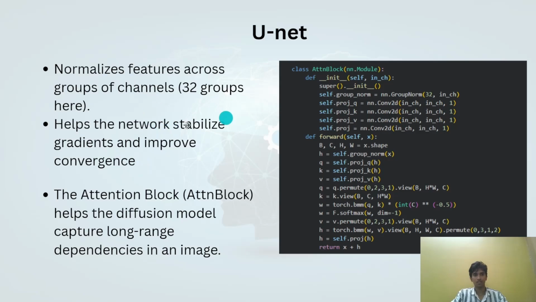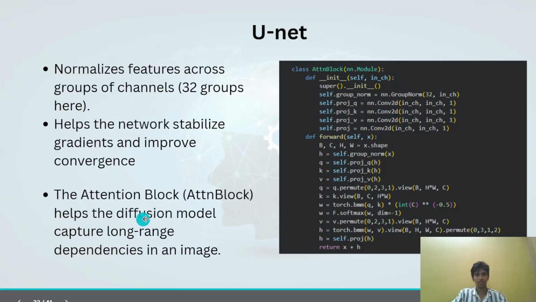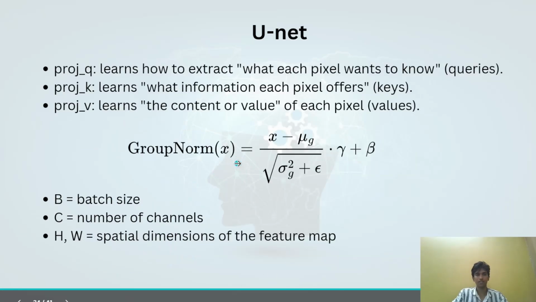Yes, it helps the network stabilize gradients and improve convergence. The attention block helps the diffusion model capture long-range dependencies in an image. Basically, it reshapes for attention computation. It computes the attention weights, and that's what this attention block basically does.